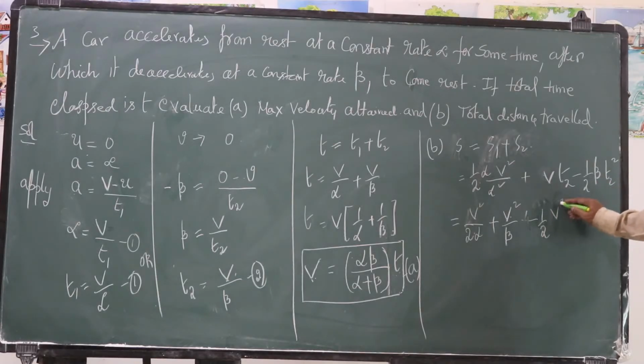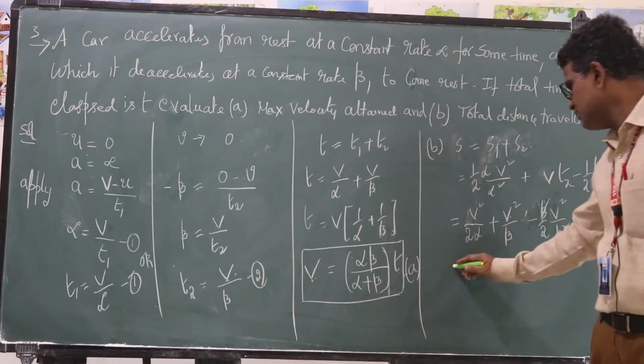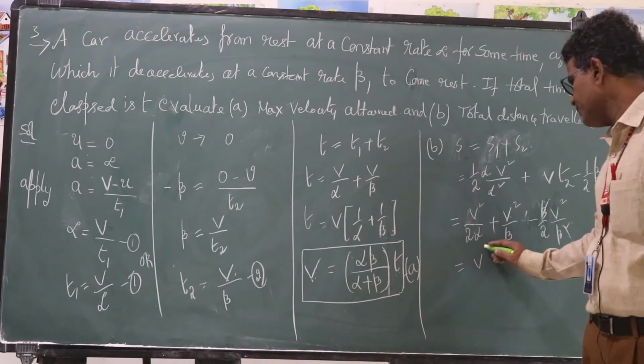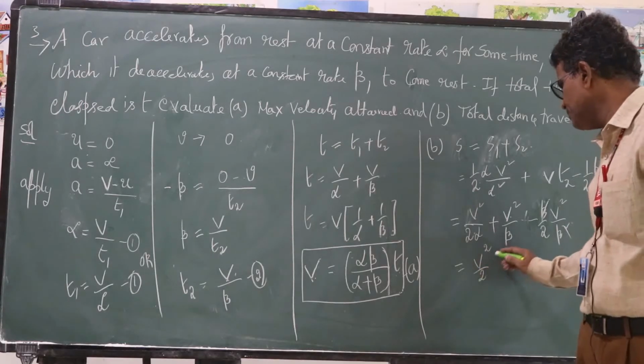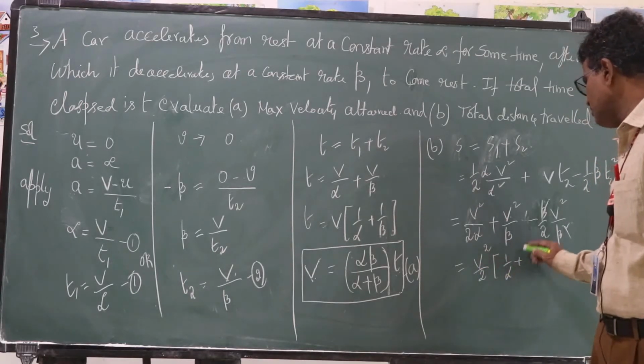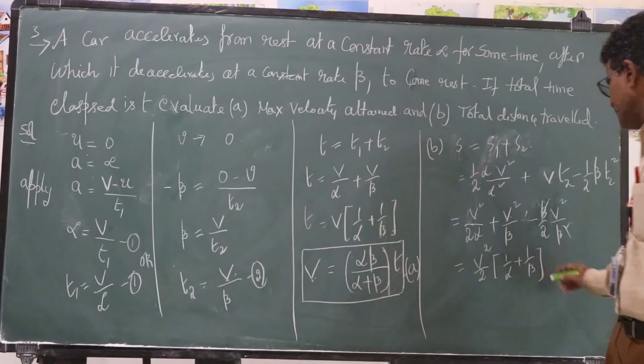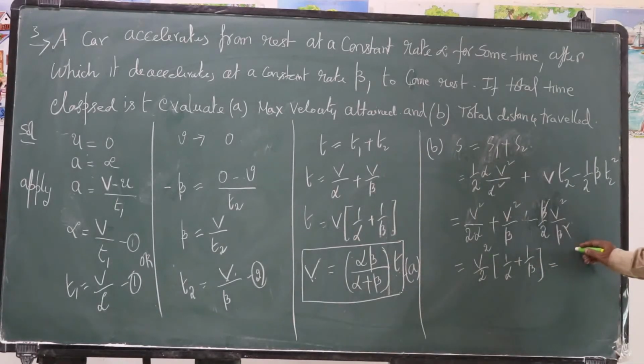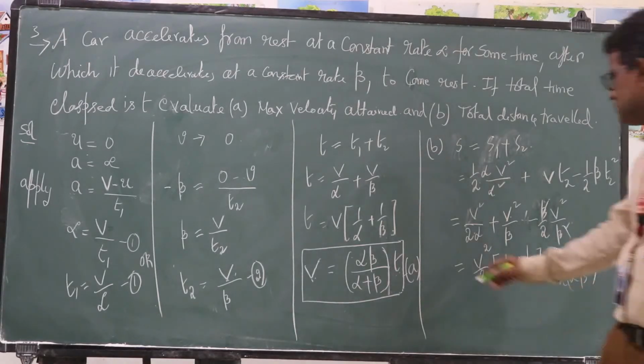V square by beta square, into beta, so one beta gets cancelled, v square by 2 beta. Take v square by 2 as common, you get 1 by alpha plus 1 by beta, that is alpha plus beta by alpha beta, half into v square. This is the total distance traveled.